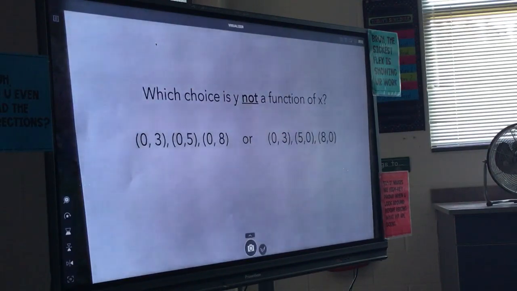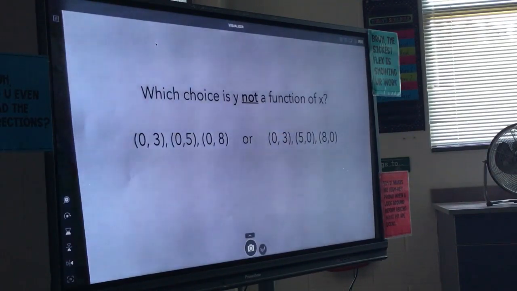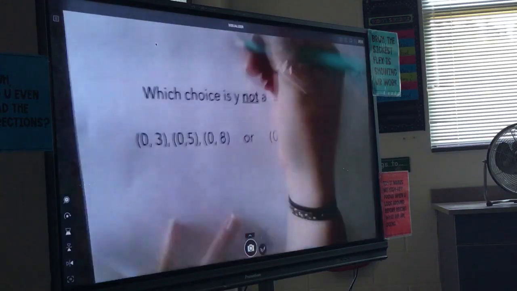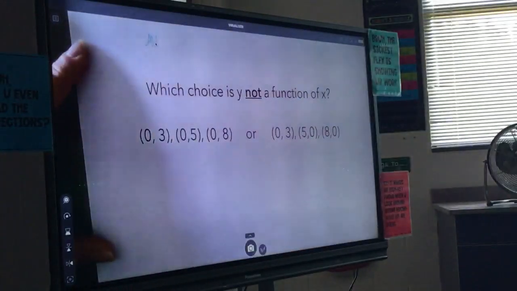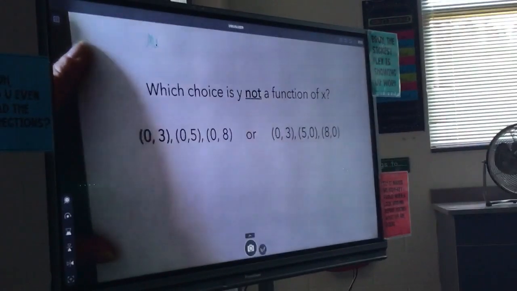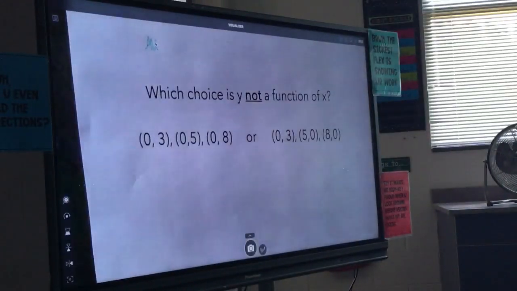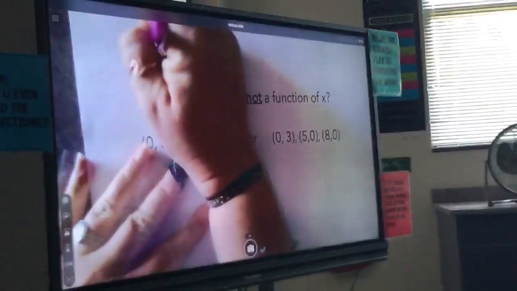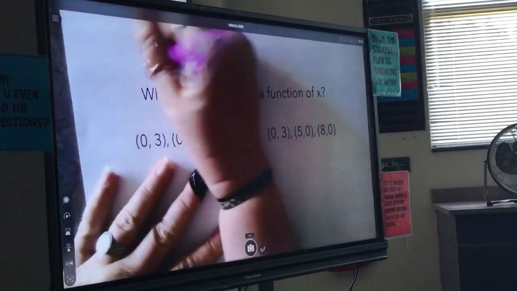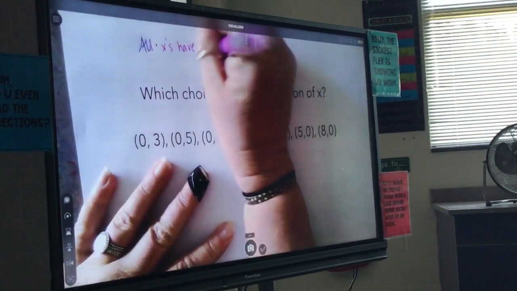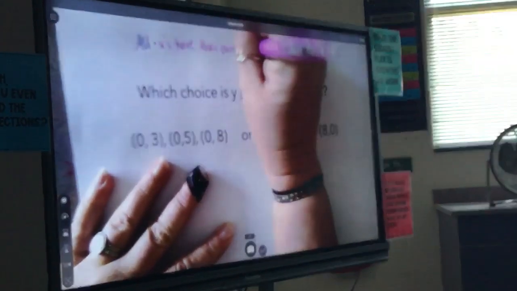So in order to know if it is not a function of x, you have to know a couple things. The first thing that you need to know is that all x's have their own value.